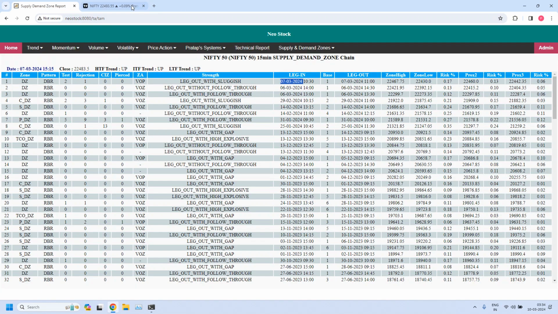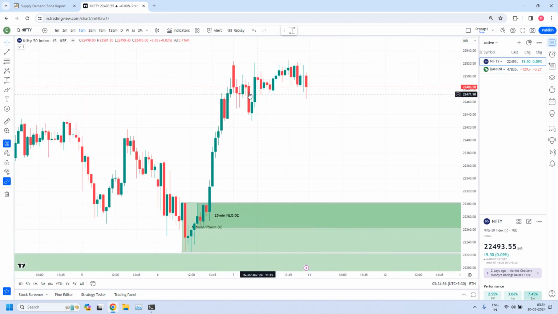Seven 3/10/30. This is the most recent zone, 15 minutes demand zone. This is a normal demand zone.